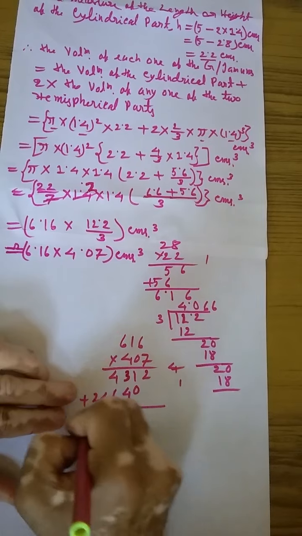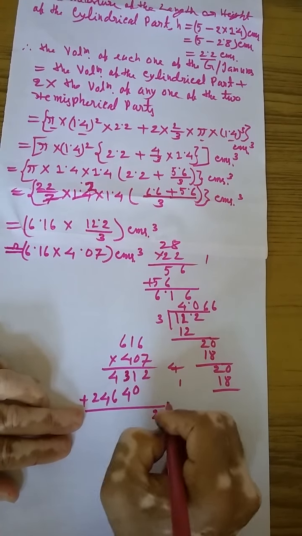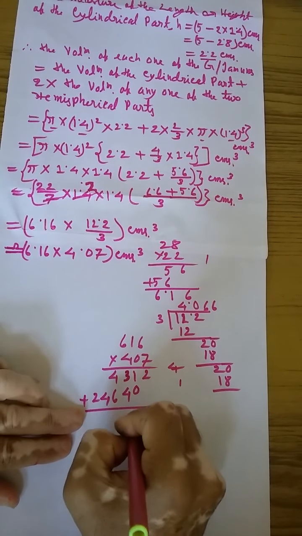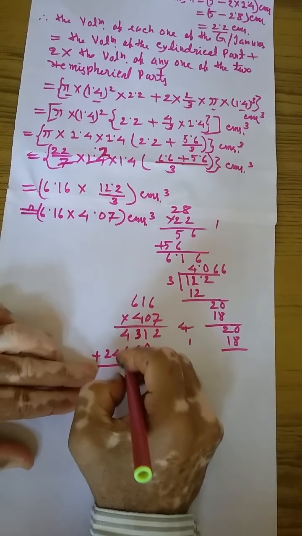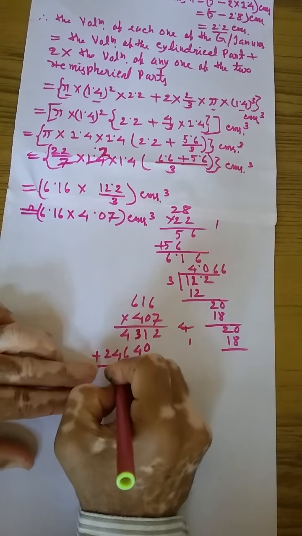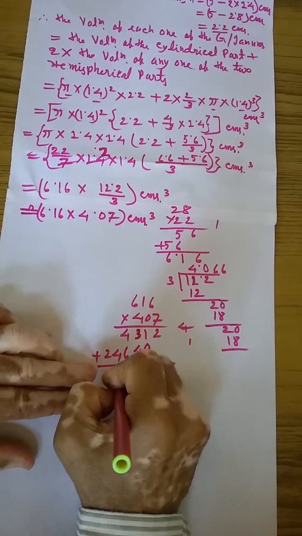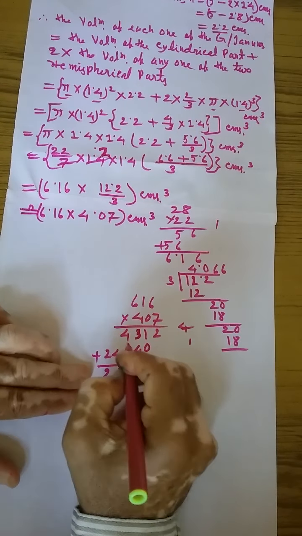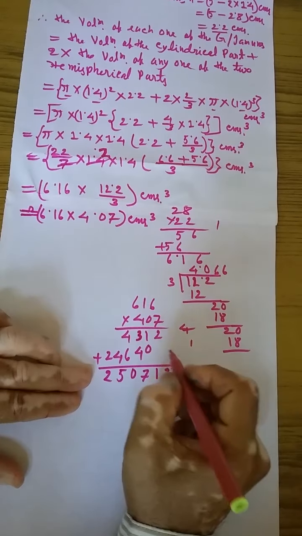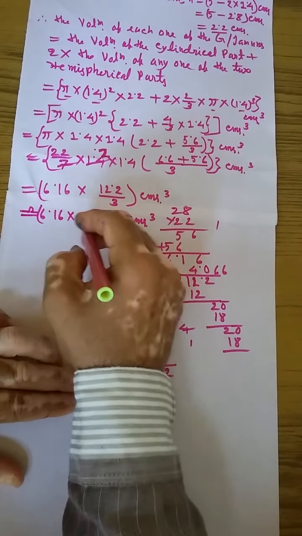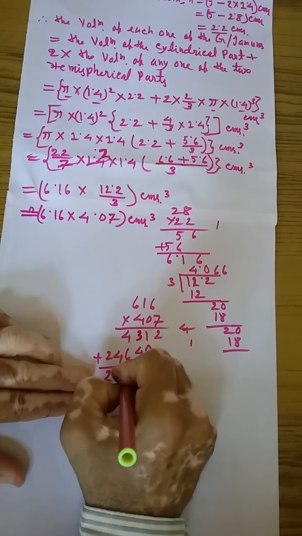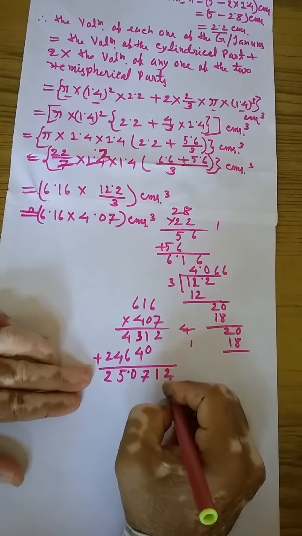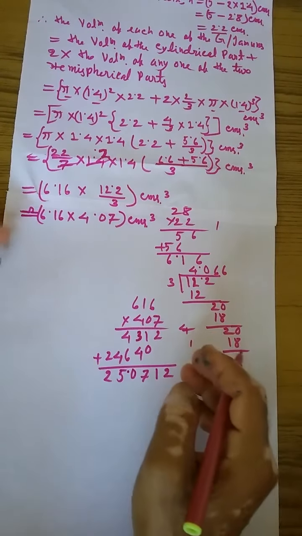Now if we add these elements, we will get 2 here, 1 here, 7 here, 7 here, 6 plus 4 10, 4 plus 1 5, 2. We had 2 decimal points, so we will put the decimal point after leaving 4 digits from the right side.